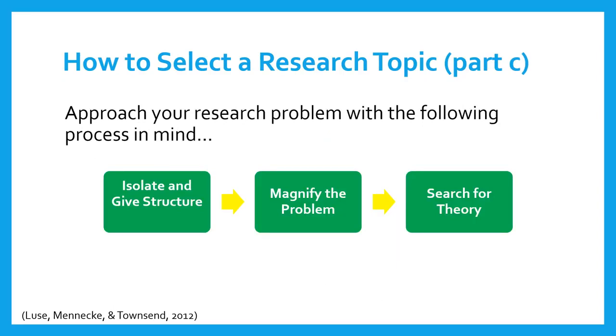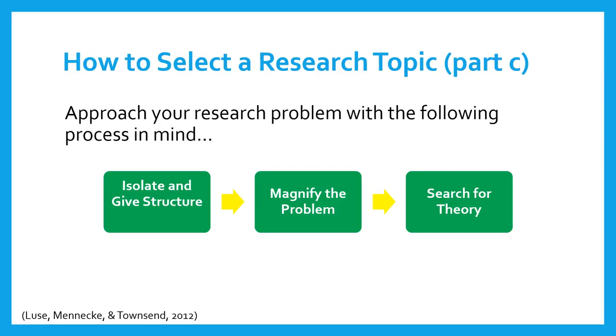Approaching your research problem involves the following three actions: isolate and give structure, magnify the problem, search for theory. When you have identified a research problem, make sure you spend time drilling down into what is causing the problem. You do not want to focus on the problem symptoms. Instead, focus on what is actually causing the problem to occur.